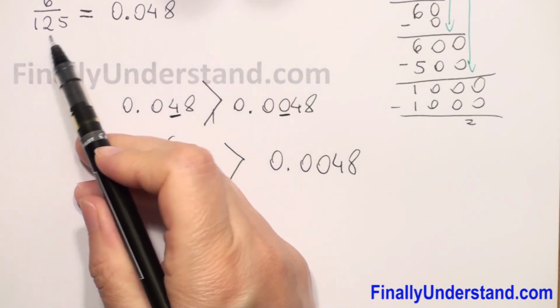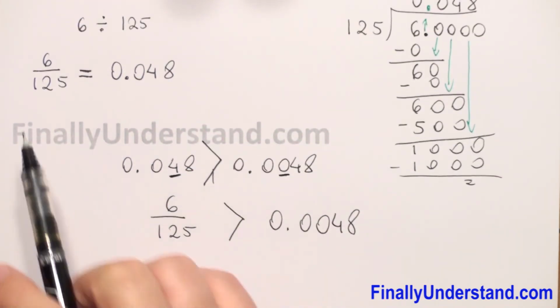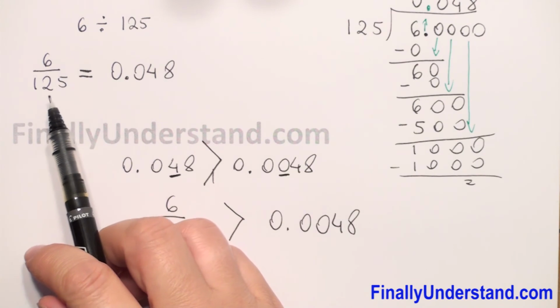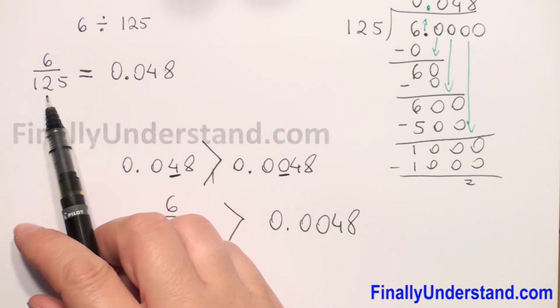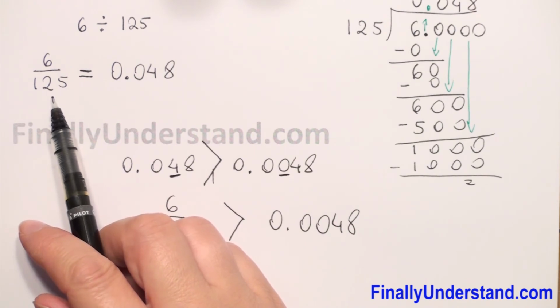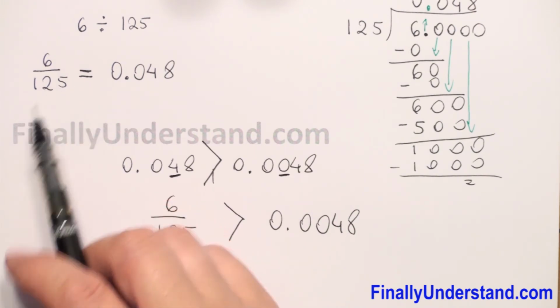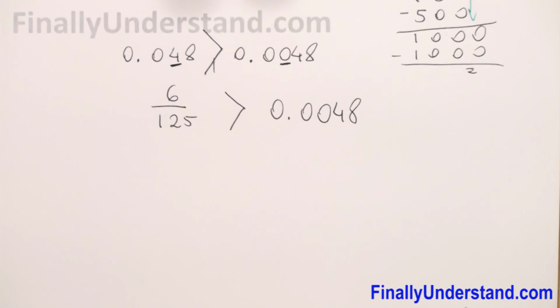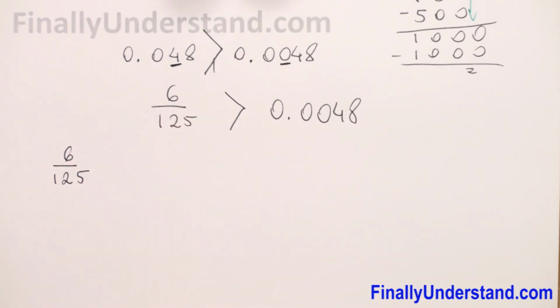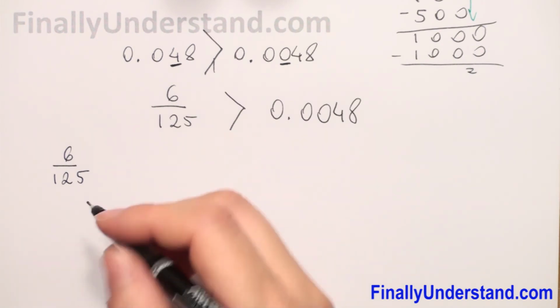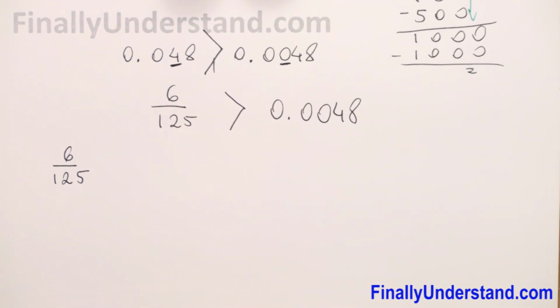Or, because we have 125 in the denominator, and when we multiply this denominator by 8, we will get a power of 10 in the denominator. So the second way to change this fraction to a decimal number is multiplying numerator and denominator by the same number.